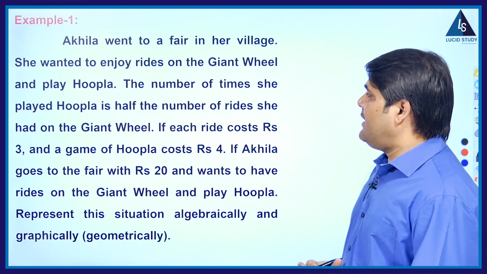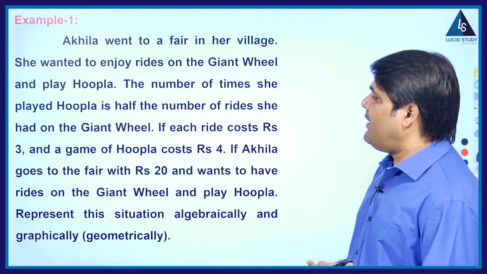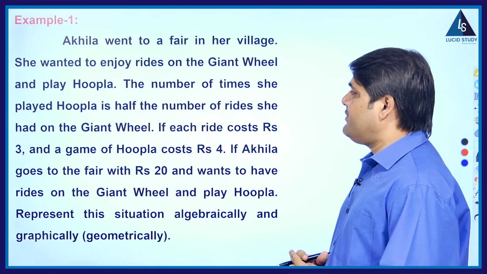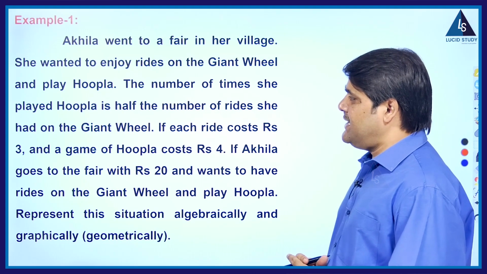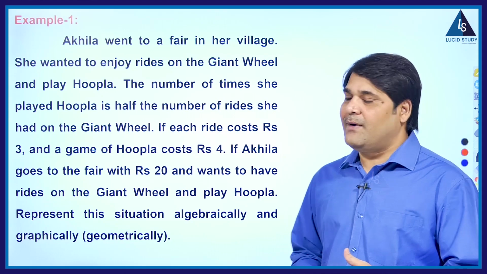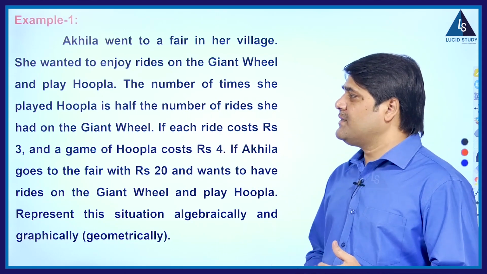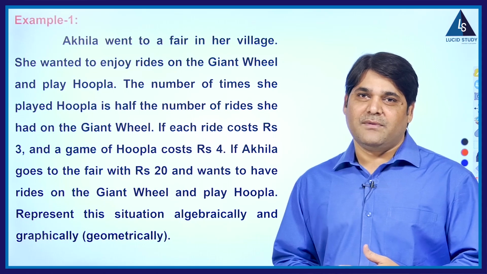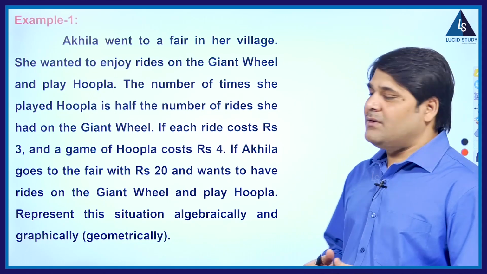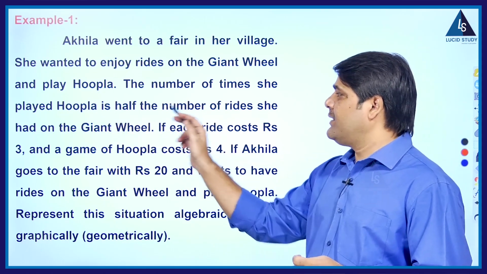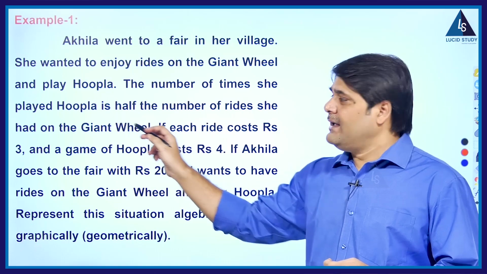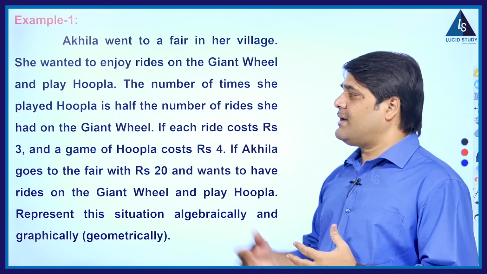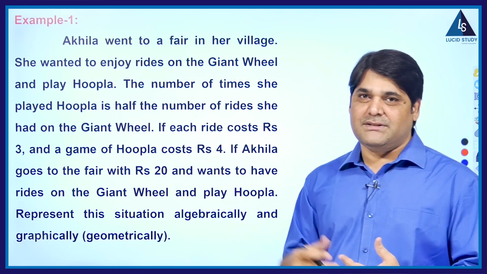Okay, the number of times she played hoopla is half the number of rides she had on the giant wheel. This is the first situation. See what he is telling, the number of times played hoopla. She played some hoopla so many times, that we don't know. Okay, so the relation between the number of games that she played hoopla is half the number of rides on the giant wheel. This is the first situation.